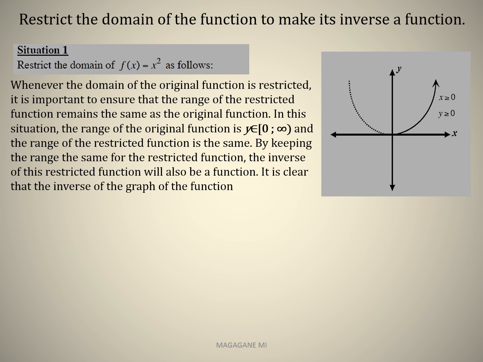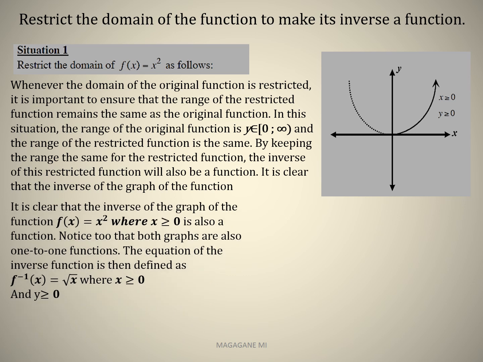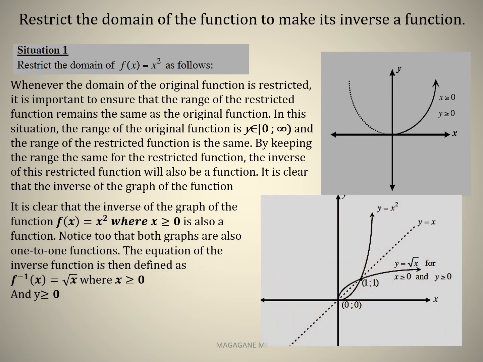So our graph will start from 0 with the x values from 0 up to positive infinity, and our range will remain the same, y is greater than or equal to 0. So it is clear that the inverse of the function f of x equals x squared, where x is greater than or equal to 0, is also a function.